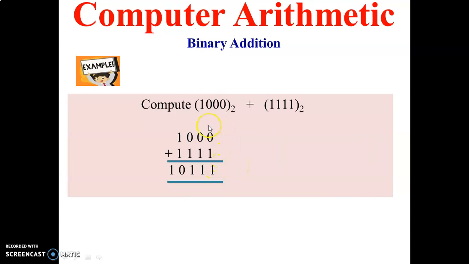As I told you, with the help of the table, 0 plus 1 equals 1, then again 0 plus 1 equals 1, then again 0 plus 1 equals 1, and when we add 1 plus 1 it equals 10. If we have some other number here, the 0 will stay here and the 1 will go to the carry over. So this is the way to perform binary addition.